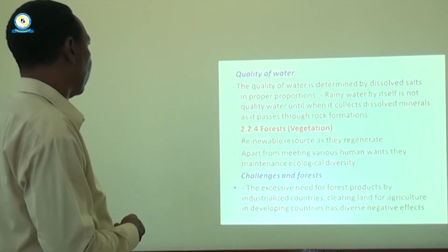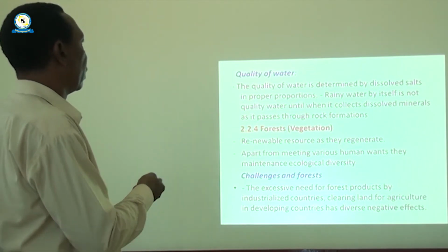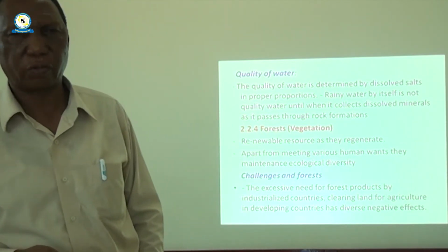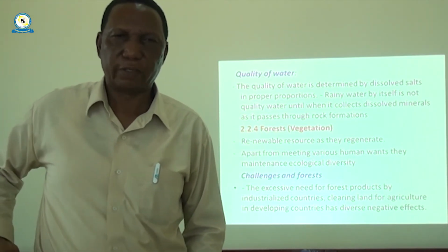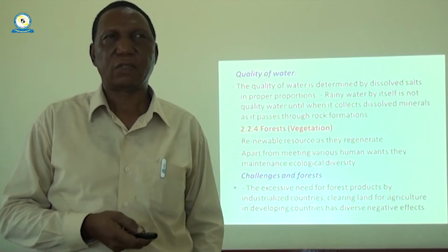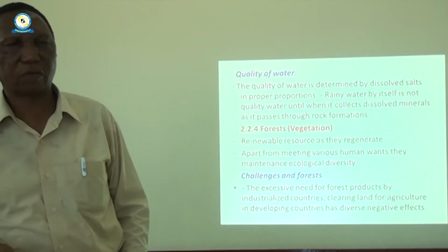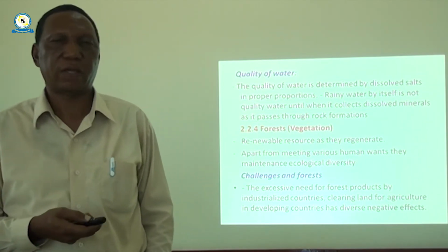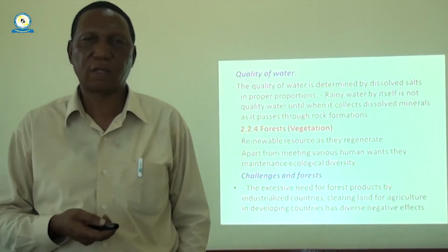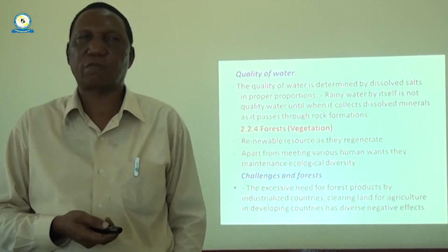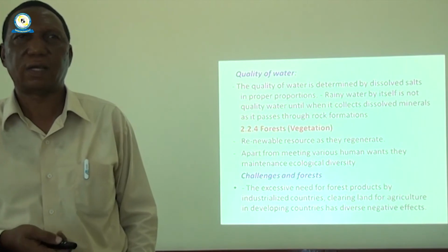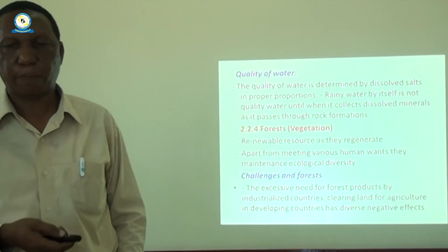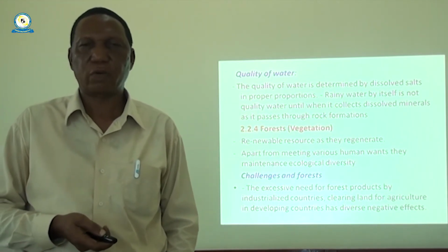Now, water quality. The quality of water is determined by dissolved salts in proper proportions. This is well understood in chemistry, so we cannot mention all the proportions. But generally, as a geographer, you have to know a bit of this. Those are salts which normally are essential for the body: phosphorus, iron, whatever. There are proportions which actually are found in water.